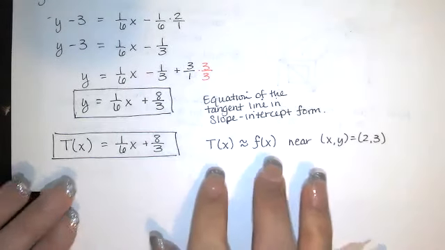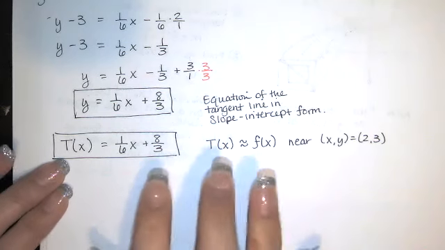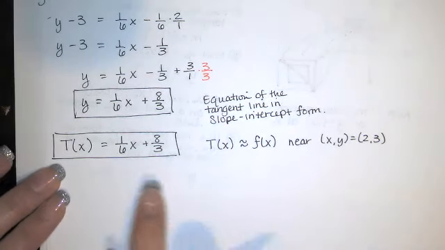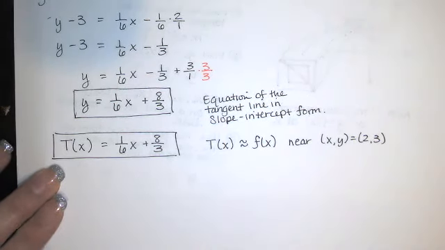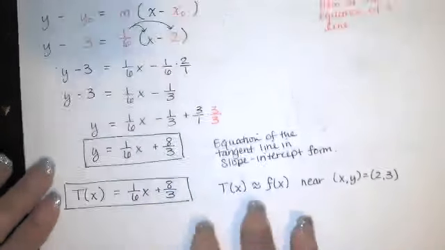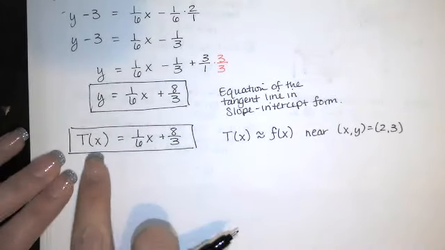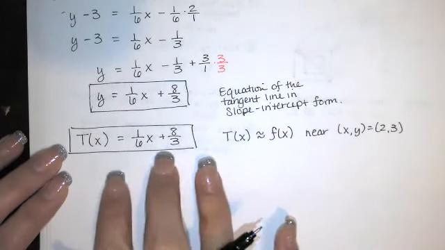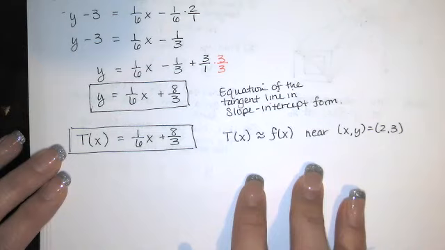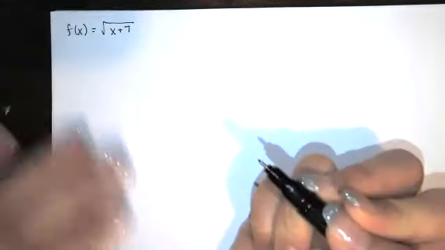Okay, in order to get a better sense of this, I think I want to draw the graph of our function, let's draw the tangent line to the function, and then we'll also come up with a table of values, and we'll show how similar the y values are in the tangent line to the y values on the function y equals f of x. So just to visualize what we're talking about, let's graph this.